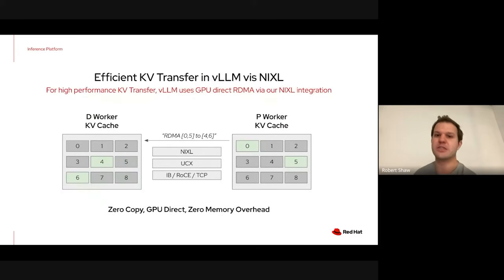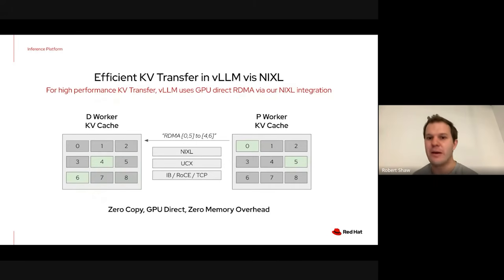This really heavily relies on some features in vLLM, which is called the PD disaggregation or KV transfer subsystem inside of vLLM. We use NIXL, which is the NVIDIA Inference Transfer Library, which is a wrapper around UCX, a high performance networking library, which will use InfiniBand or RoCE or TCP to actually move the KVs.